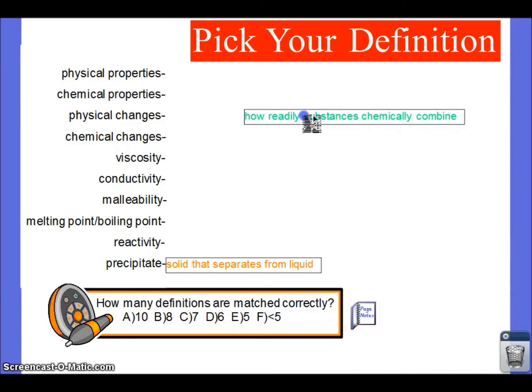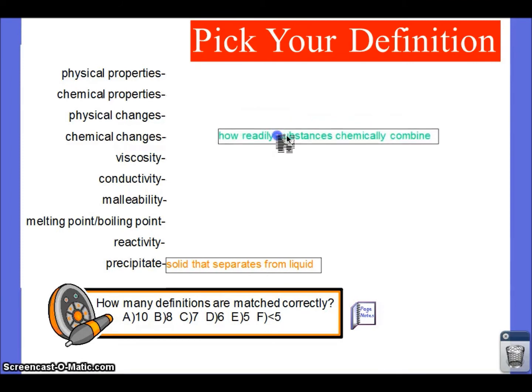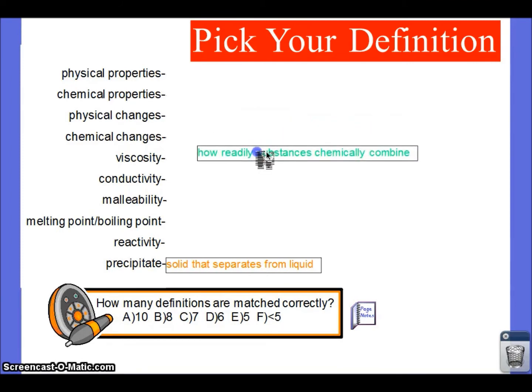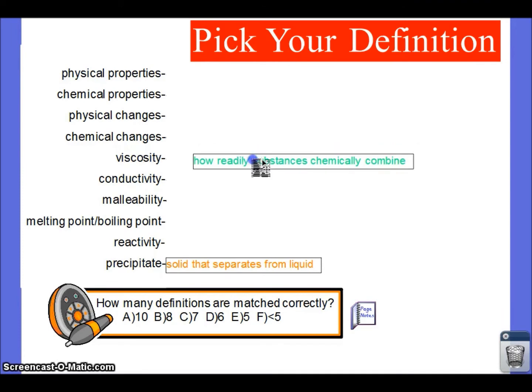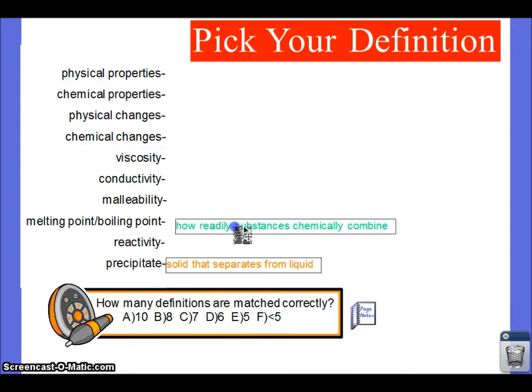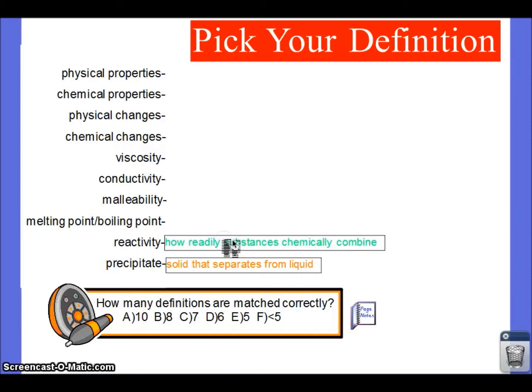How readily substances chemically combine. Let me give you a chance to pause the video and then you double check your answer. It is reactivity.